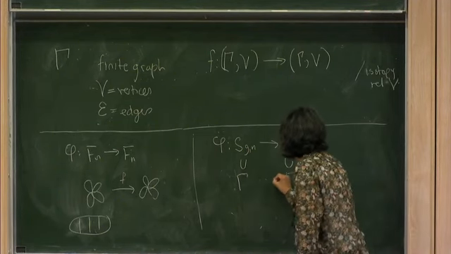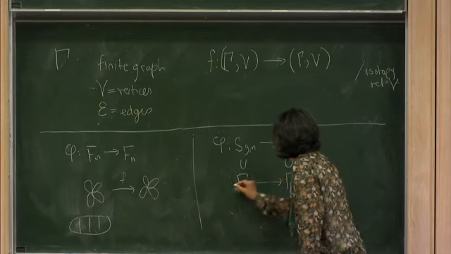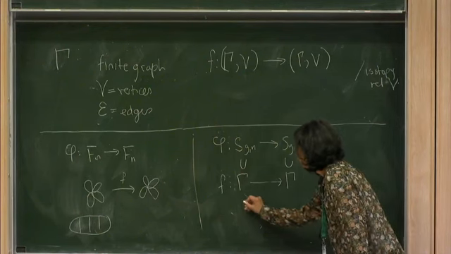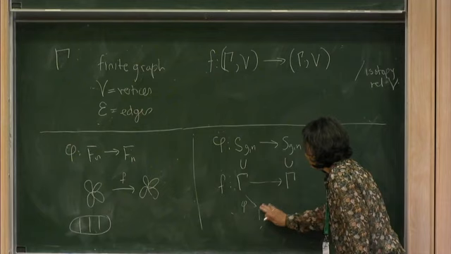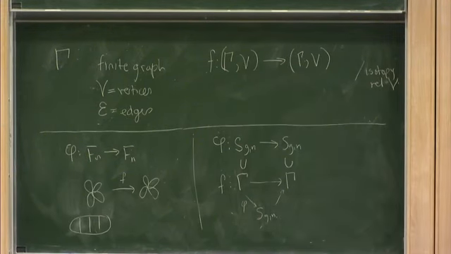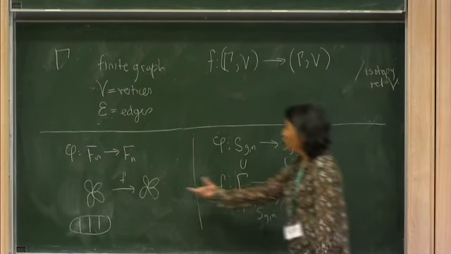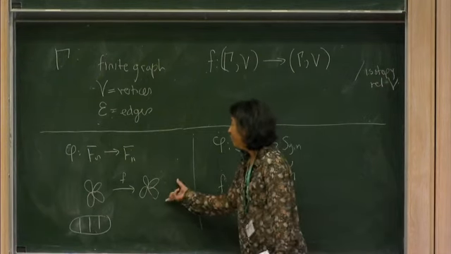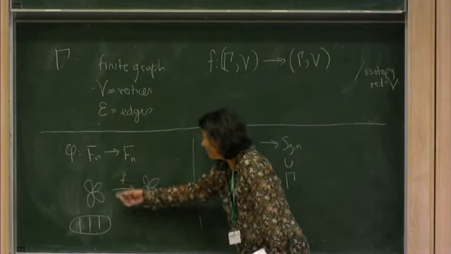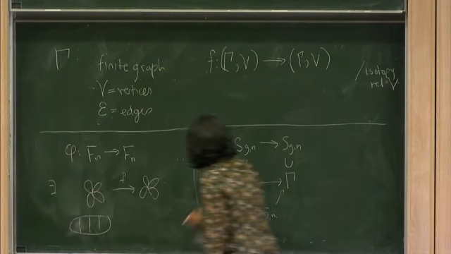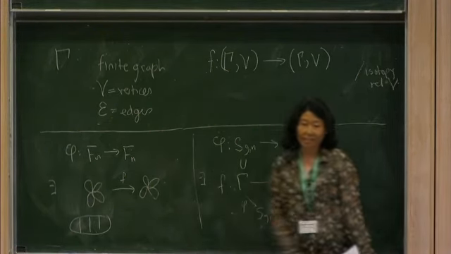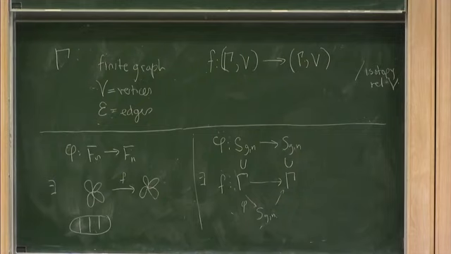So you can have a map that's given by taking gamma, looking at its image under phi inside S_{g,n}, and then retracting back up to gamma. These are not canonically associated to phi, but you can try to find such models for these automorphisms.